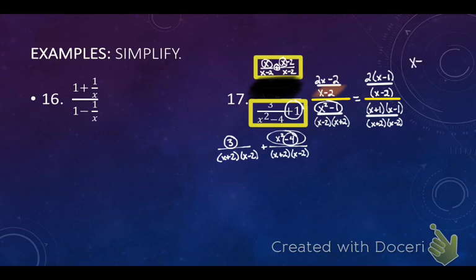What are my restrictions? What can x not be because of the denominator here and there? What can x not be? Plus or minus 2, right? Now, here's where I differ from other people, and I'll write you out my steps.